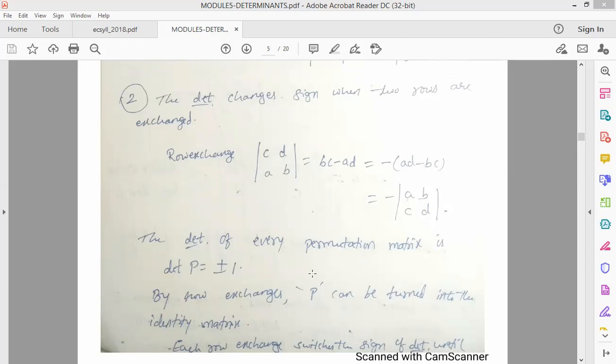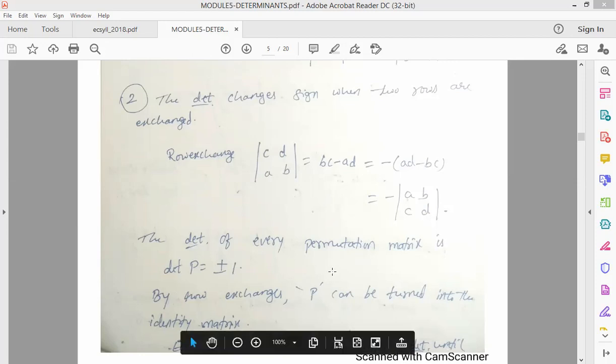But in the permutation matrix, the zeros and ones may be present anywhere. With the help of row exchange operations, that permutation matrix can be converted to the identity matrix. And the determinant of such a permutation matrix will always be equal to either plus 1 or minus 1.